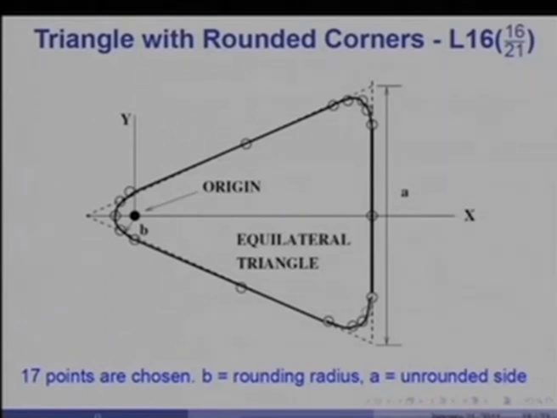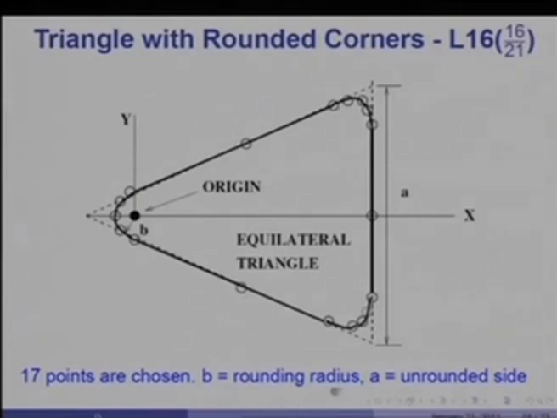Manufacturing wise, rounded corners are often more conducive to manufacture, and we wish to account for the effect that rounding would have. The rounding radius in this case is B and the unrounded side is A. So, it is really an equilateral unrounded triangle in which rounding is given at the 3 corners.